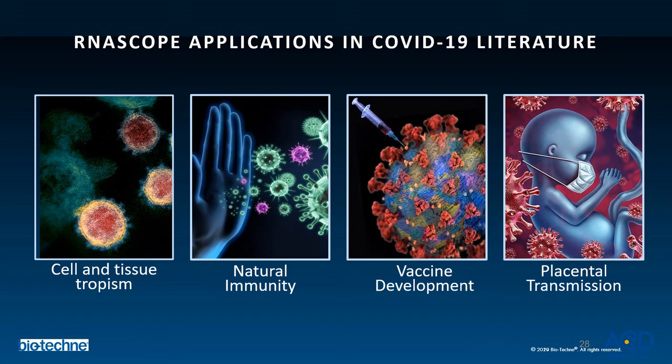And this is a really exciting one that I will share later. And lastly, to study placental transmission. These are 4 areas that are not only important in COVID-19 research, but really in any infectious disease research. We've seen utility of RNAscope even in the past during the Zika virus outbreak, or even in HIV research. Really, applications along all areas of infectious diseases, but with focus today on COVID-19.